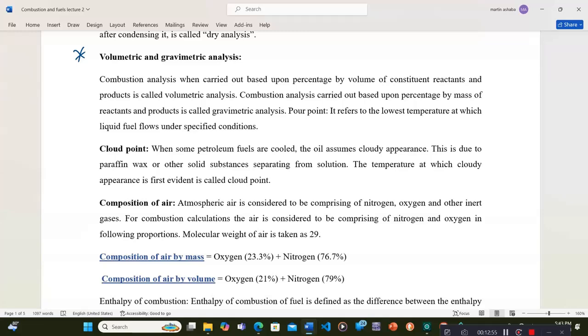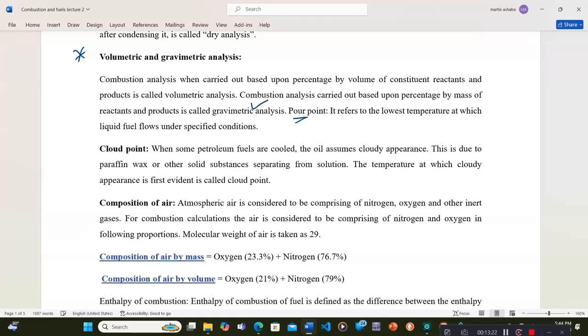Then in gravimetric analysis, we are talking about the measure of the reactants by mass in kilograms and also the measure of the products by mass in kilograms. Combustion analysis carried out based upon percentage by mass of the reactants and products is called gravimetric. So this is what we have just said.